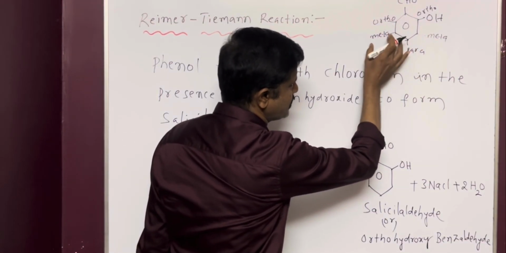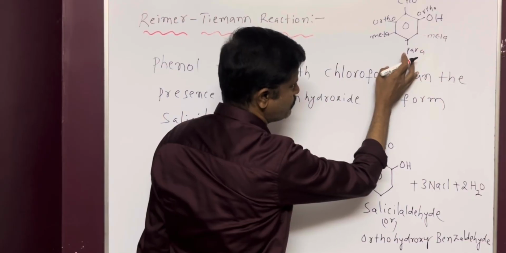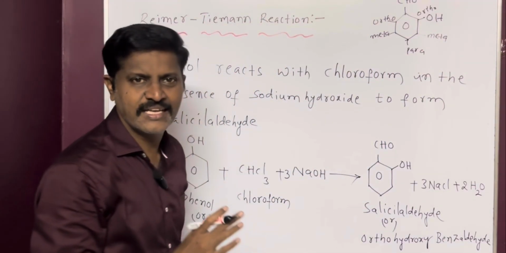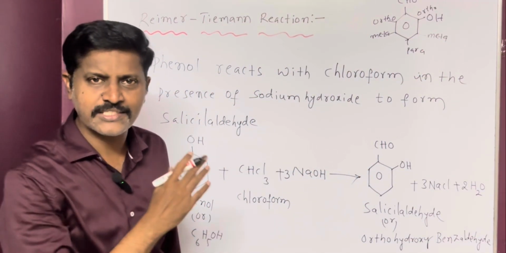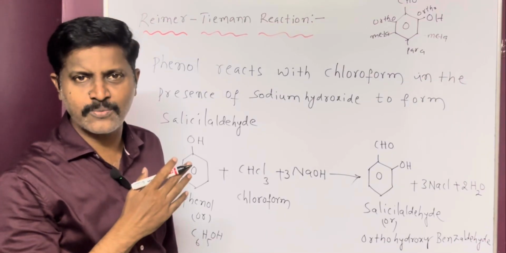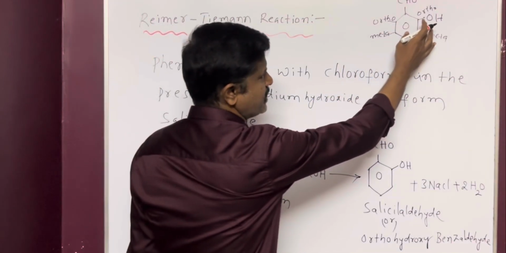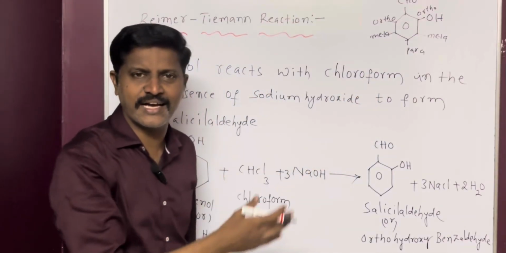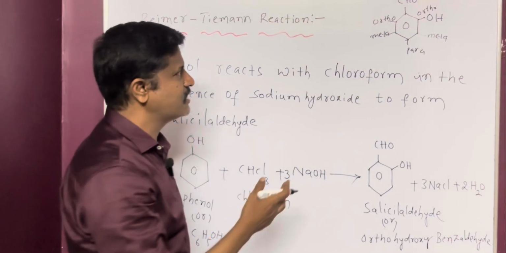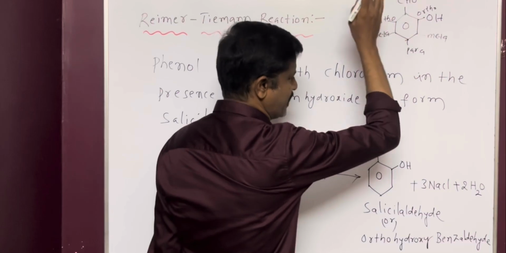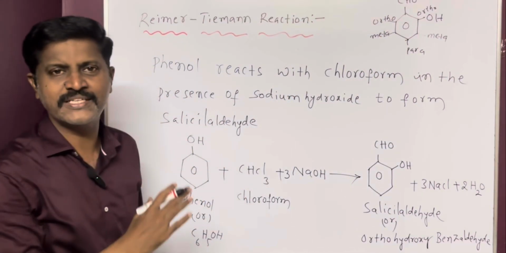Now this position and this position is called meta. And now this position is called para. At ortho position, hydroxy group is present. Now this OH group is called hydroxy. So orthohydroxy benzaldehyde.